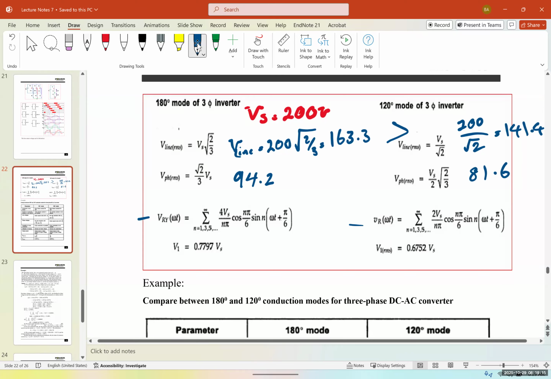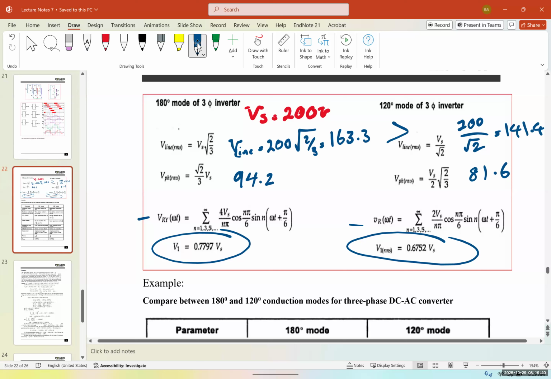And we can find the harmonics here, and the fundamental V1 RMS for 180 degrees is 0.77 or around 0.8 of Vs. And for the 120 degrees mode, it's around 0.7, or 0.67 to be accurate, of Vs.